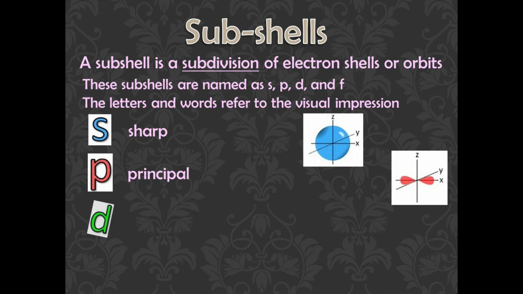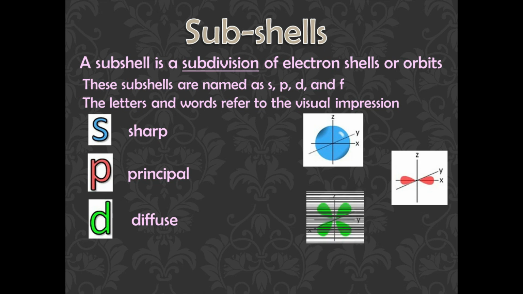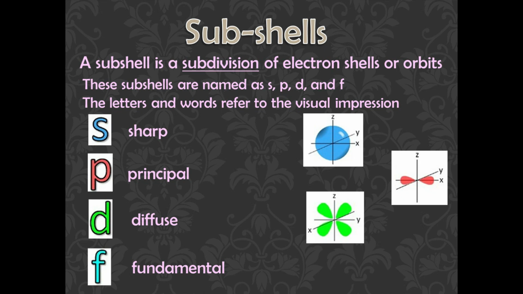The third subshell is the D subshell, which stands for diffuse, and the shape of the D subshell is like this. The last subshell is the F subshell, which means fundamental, and the shape of the F subshell is like this.